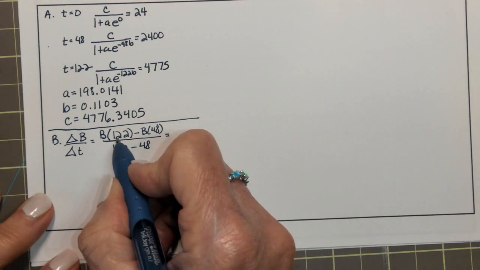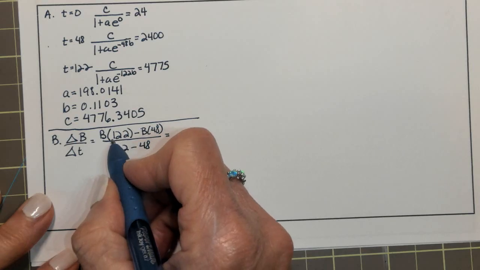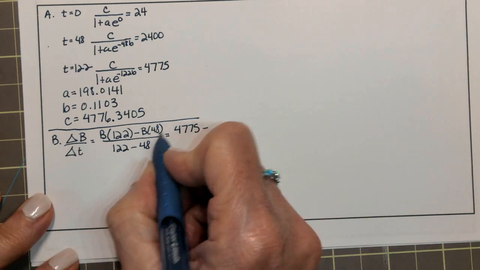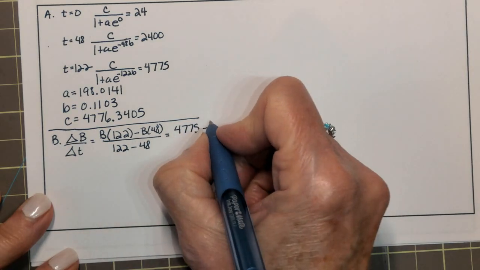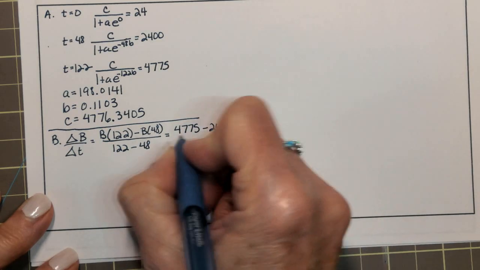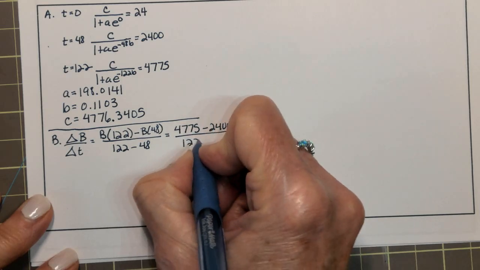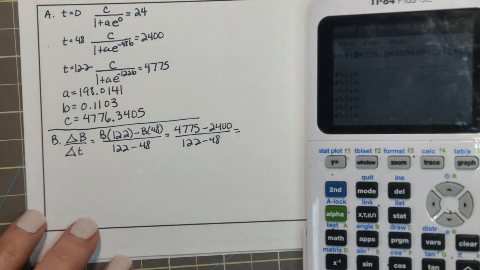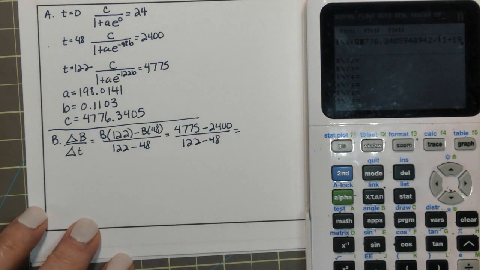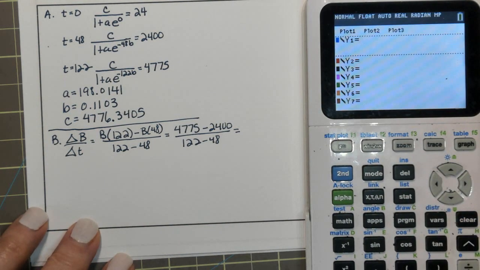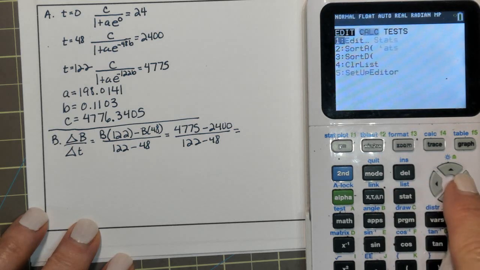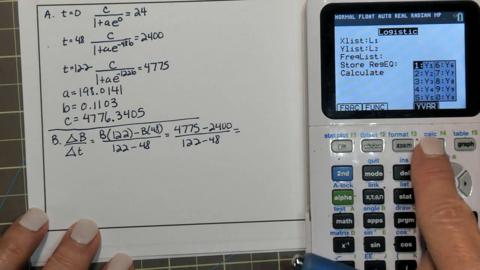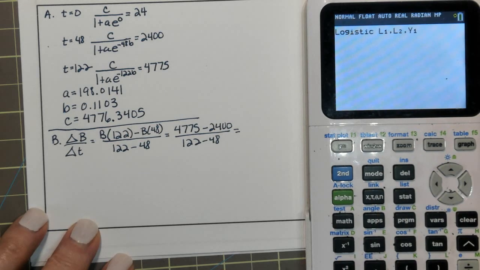B of 122, they already told us that that was 4775. B of 48, they told us was 2400. And now we go back to our calculator and find that out. So I'm going to, oh shoot, I just deleted accidentally my regression equation in for Y1.